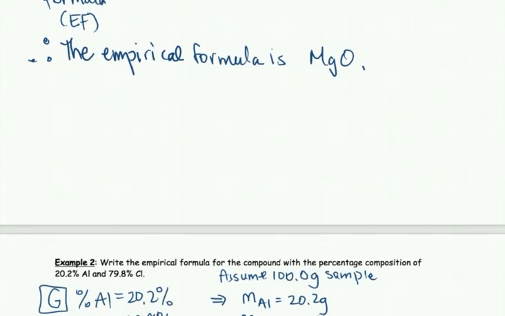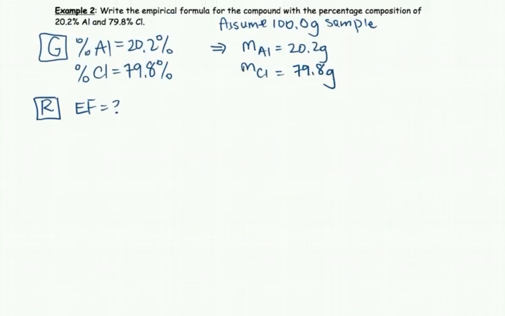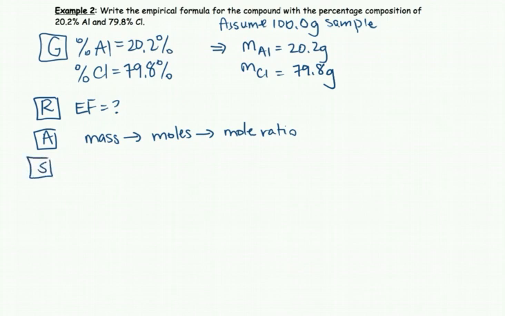All right, so here's our plan. We're going to change everything to moles, so we're going to go from mass to moles, which is amount, to a mole ratio. That's the plan. Let's start with making a little table here.